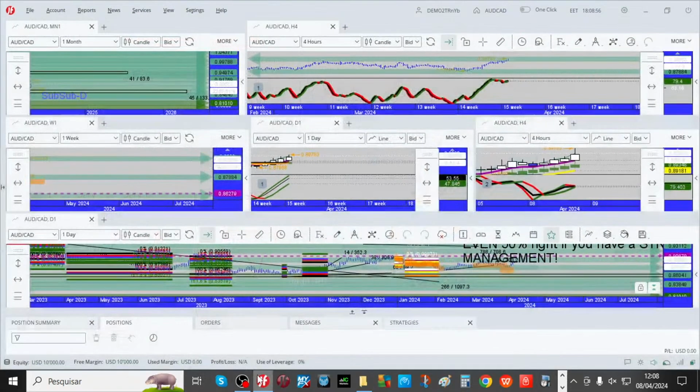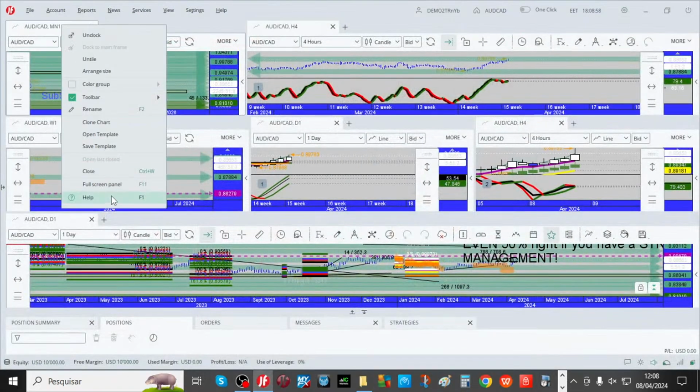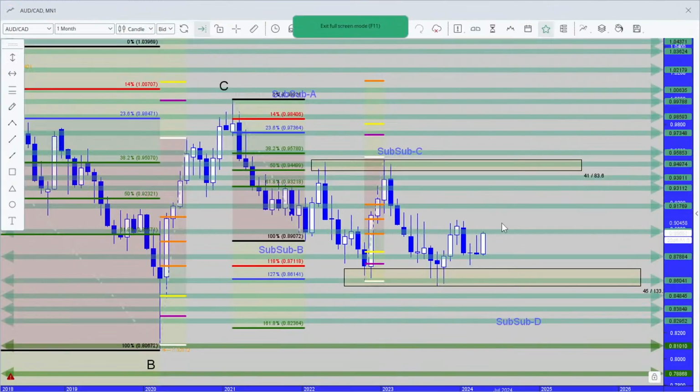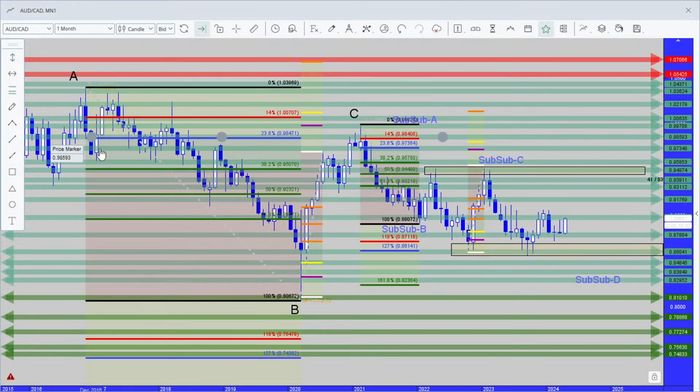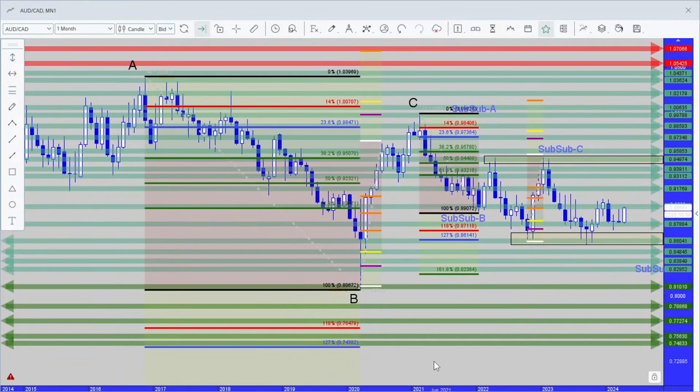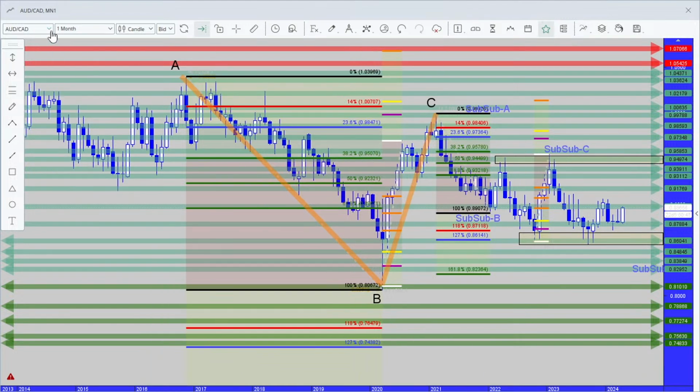So, if I go on the AUD monthly chart, how is the direction of the original Fibonacci? Of course, the direction of the original Fibonacci, everybody, is A to B, B to C. So far it is down.